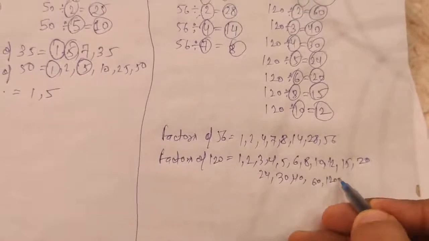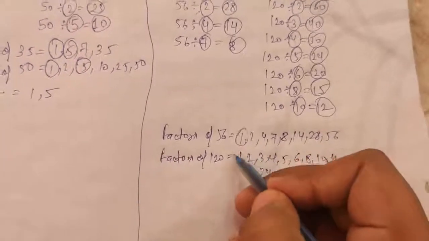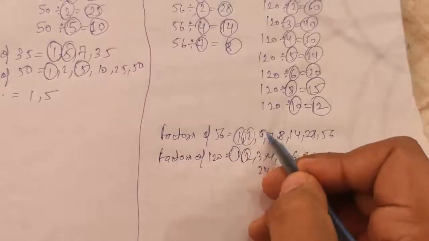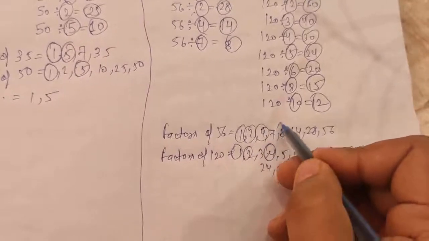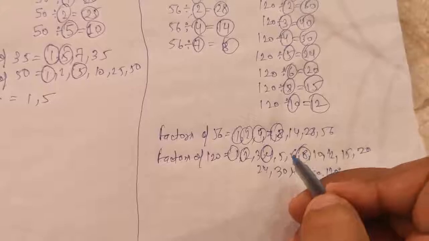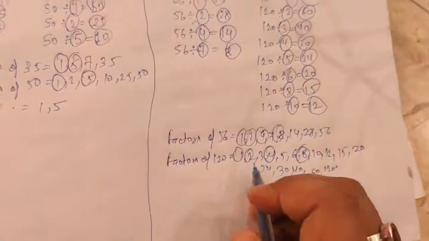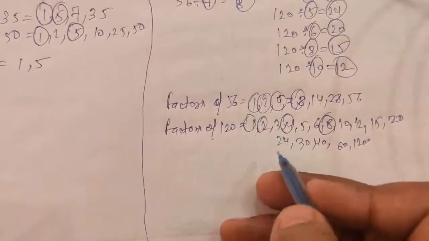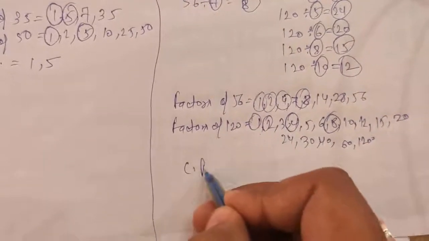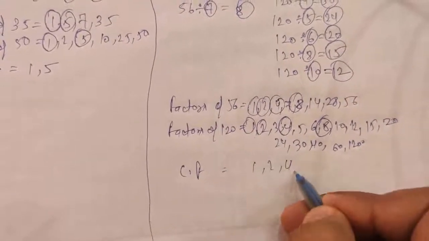Now here we will find common. You can see 1 is common, 2 is common, 4 is common, 8 is also common, then no other is common here. So common factors are 1, 2, 4 and 8.